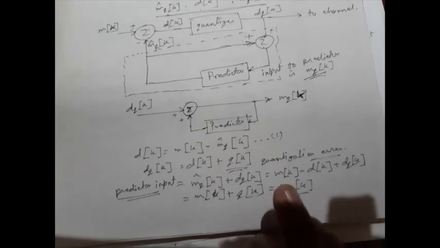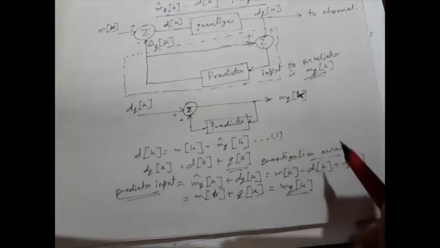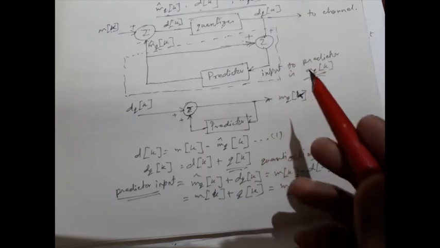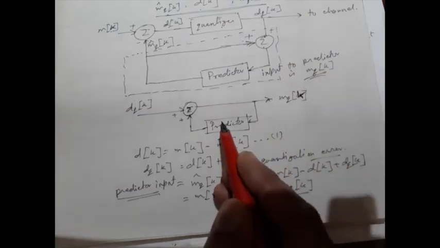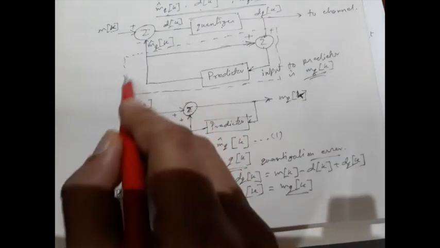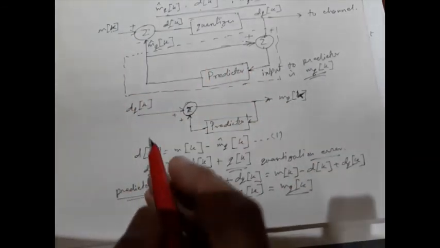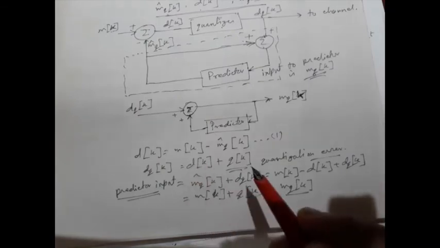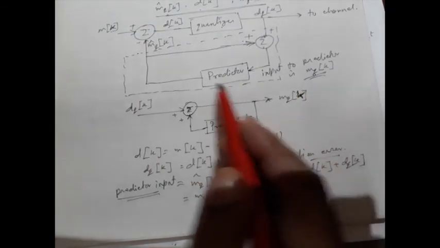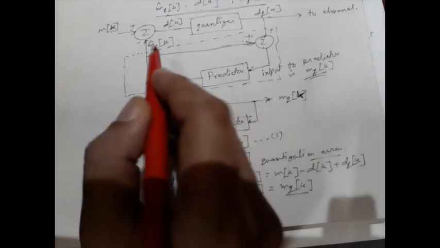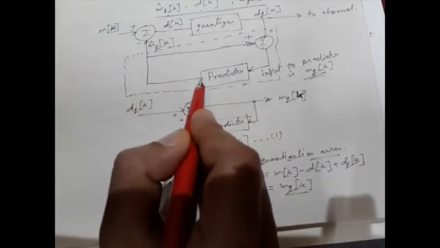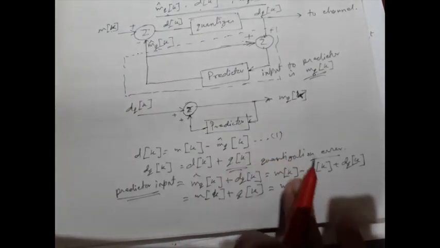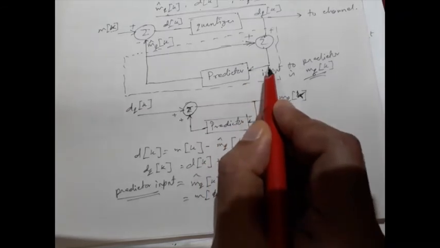The quantized signal DQK is now transmitted over the channel. Let us summarize this thing. The receiver, which is same as this one, will receive this DQK. The predicted output is MQ cap K. So this is the receiver output.